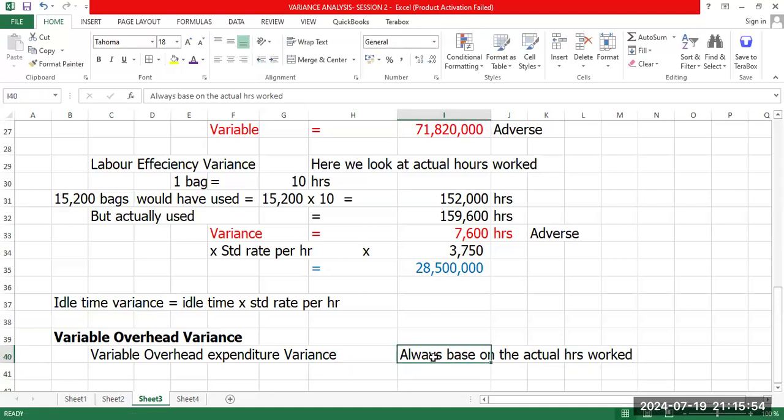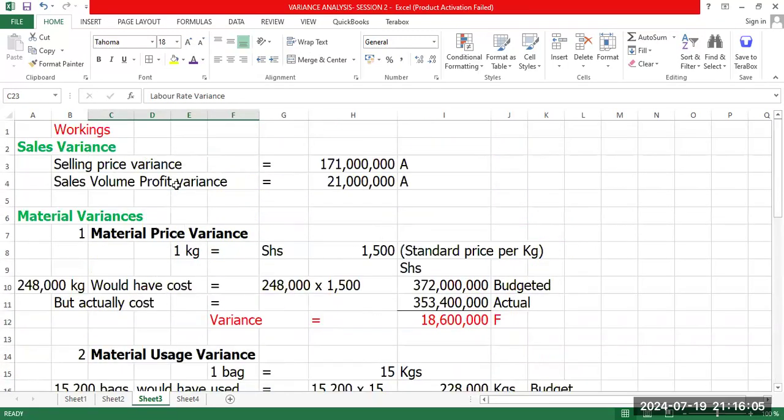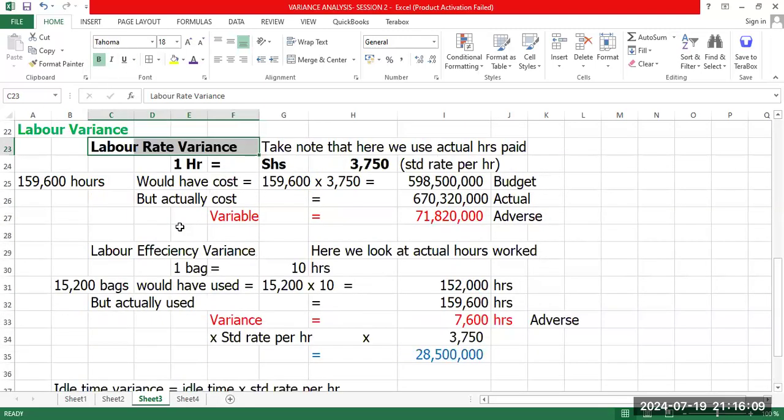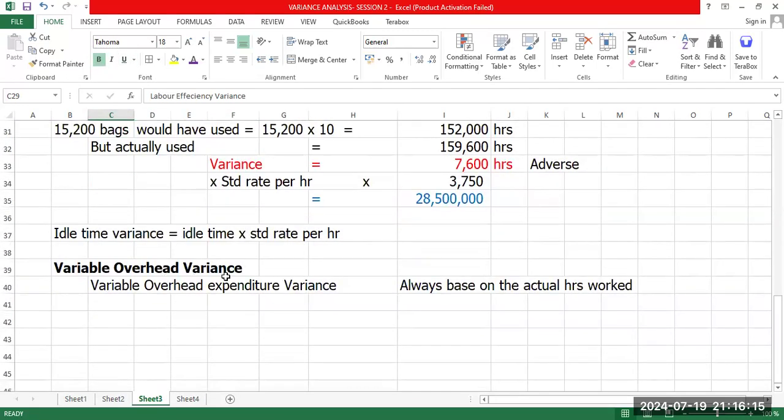Don't base it on the actual hours paid. We only use actual hours paid on labor rate variance. But for other things, we use the actual hours worked. But where you are not given actual hours worked, it means that actual hours worked is equal to actual hours paid. That's why we consider them the same.